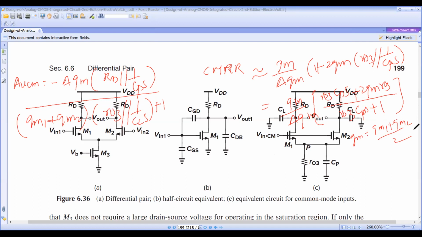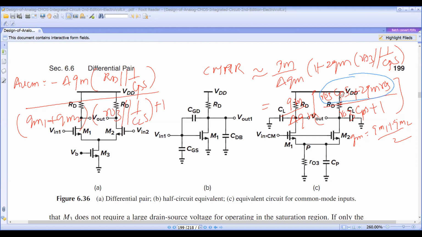Okay, now in this transfer function, if you see the numerator, it has 1 zero, 1 root. What is that zero?